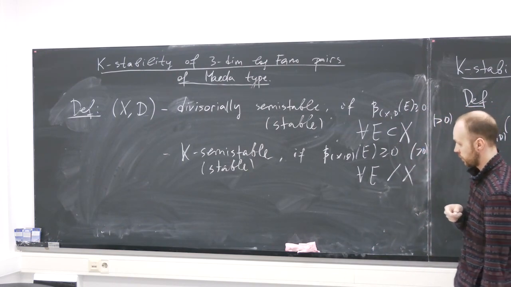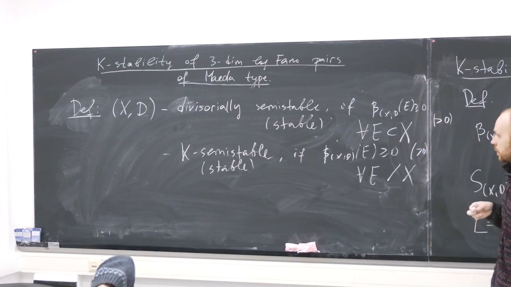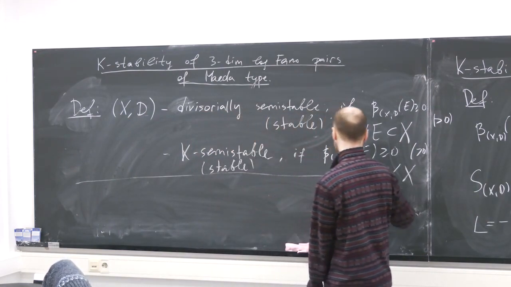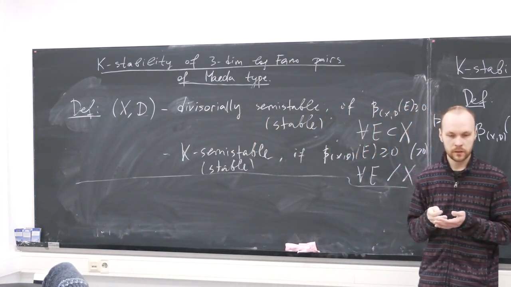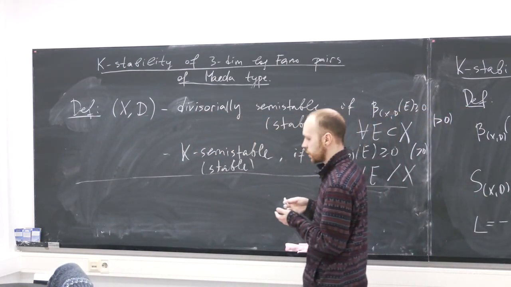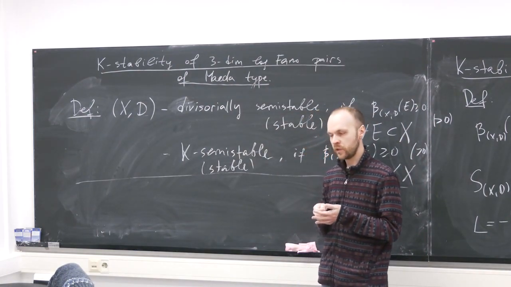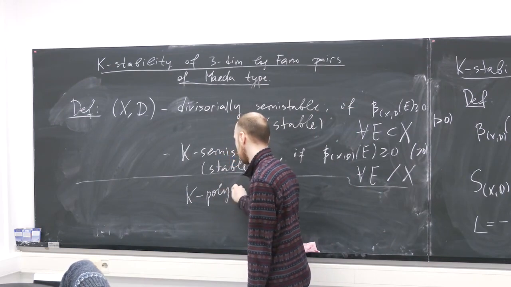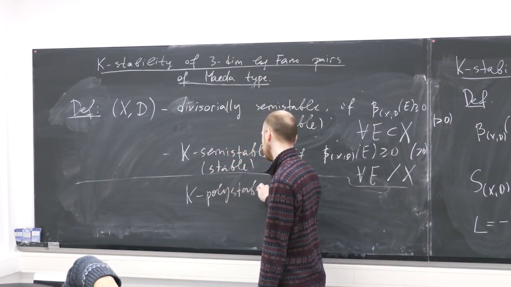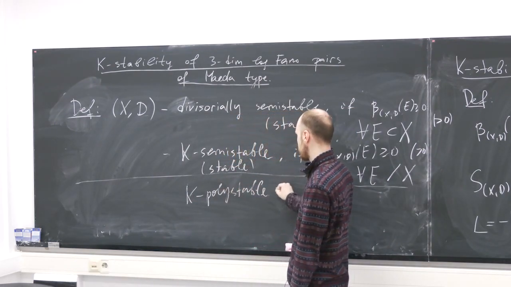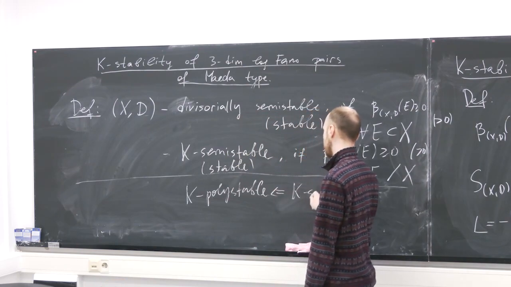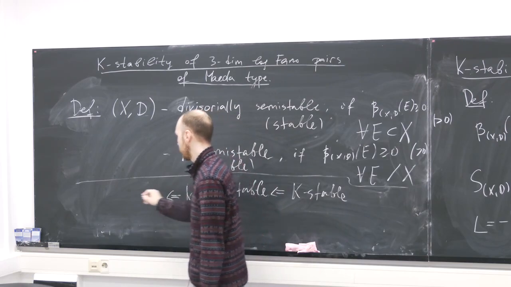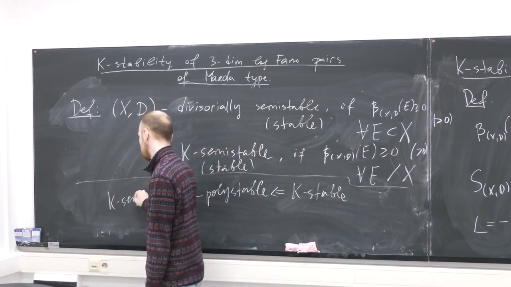Okay, and one more thing. I will not give the definition of polystability, but I will just say that there is such a notion of K-polystable pairs, which is weaker than K-stable, but stronger than K-semi-stable.